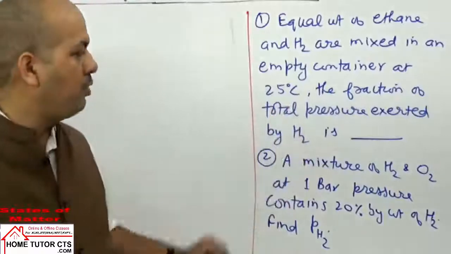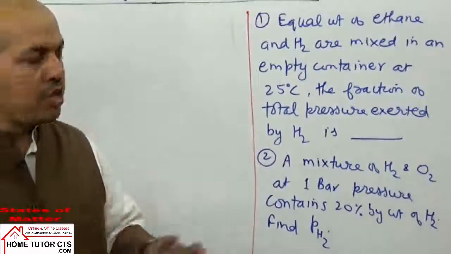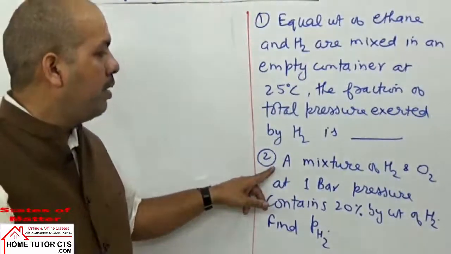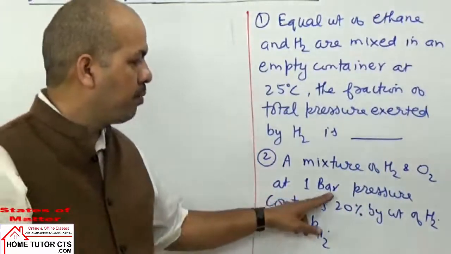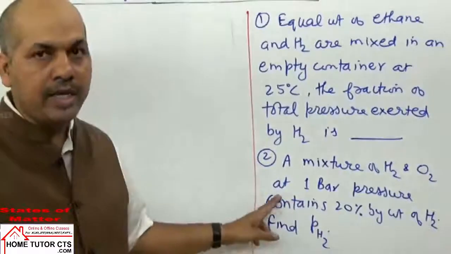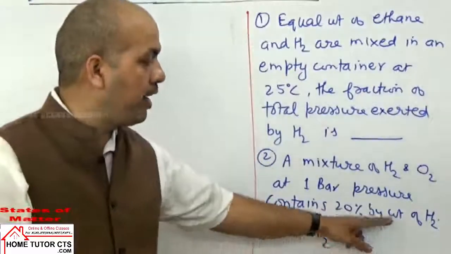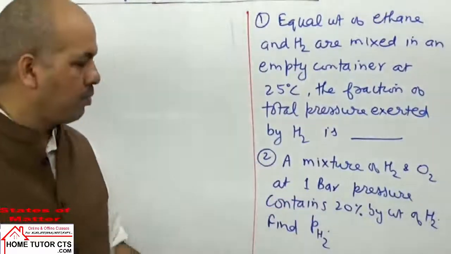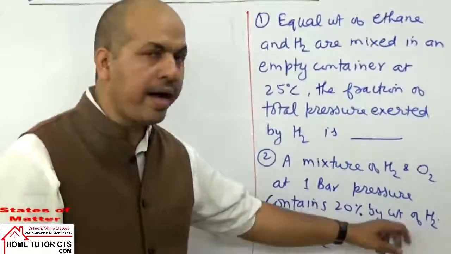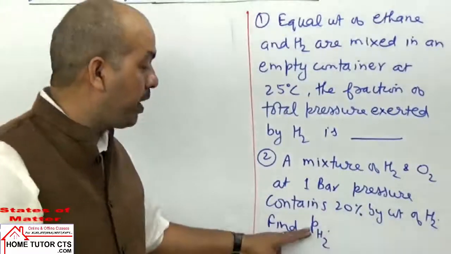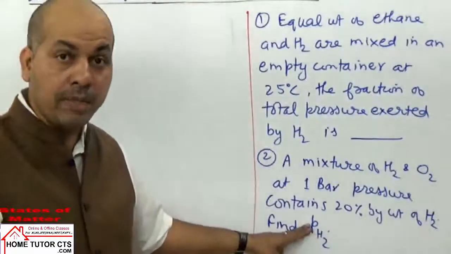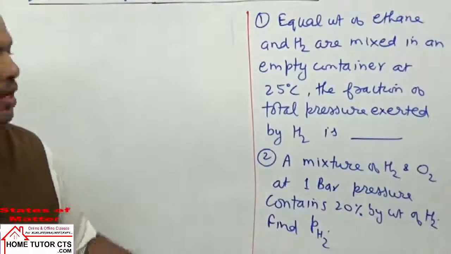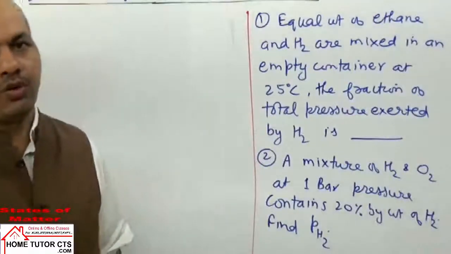You have to find how much the fraction will be. And the second question: a mixture of hydrogen and O2 at 1 bar pressure contains 20% of hydrogen by weight. Then find the partial pressure of hydrogen, PH2. Try both the questions later on.